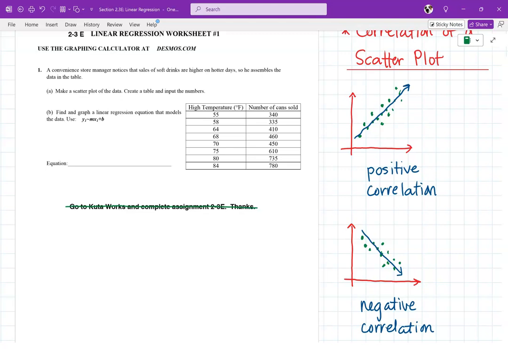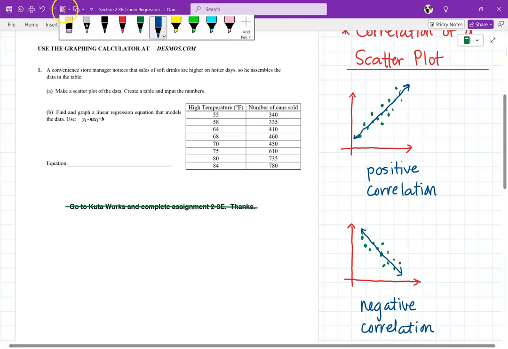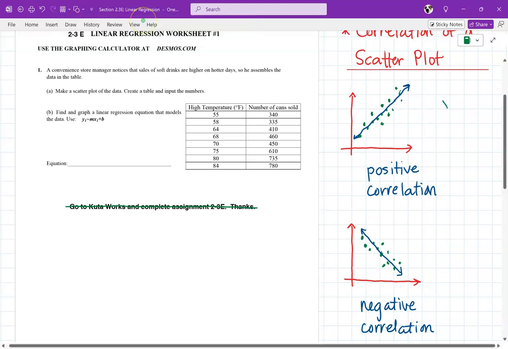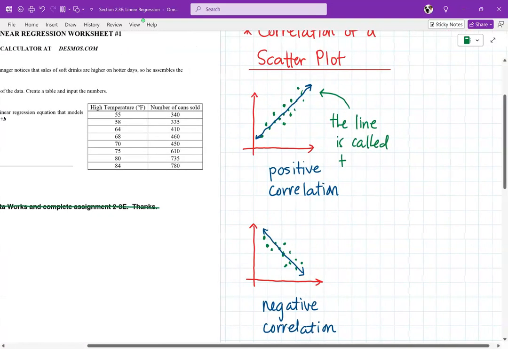By the way, that blue line that I'm drawing, that blue line, that's called the prediction equation or the line of best fit. So I'm going to kind of write that down. So that line is called the prediction equation.